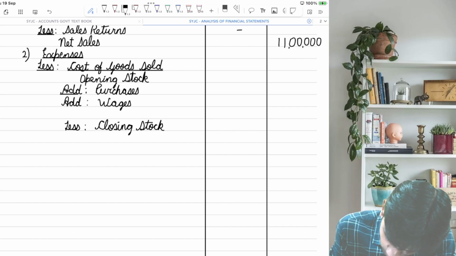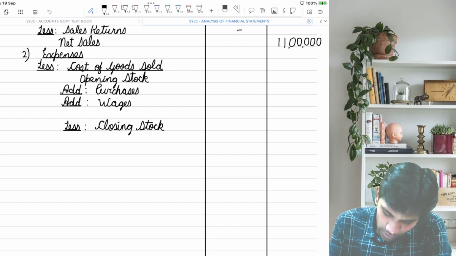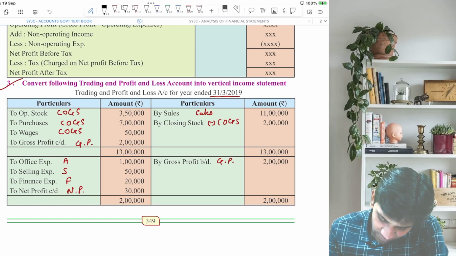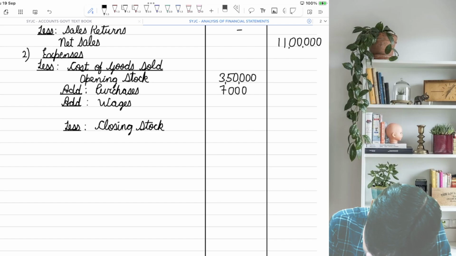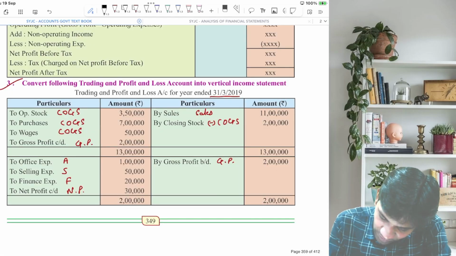So I prepared the format. Now let's fill the figures. Opening stock 3 lakh 50, purchase 7 lakh in the inner column. Wages, how much? 50,000.